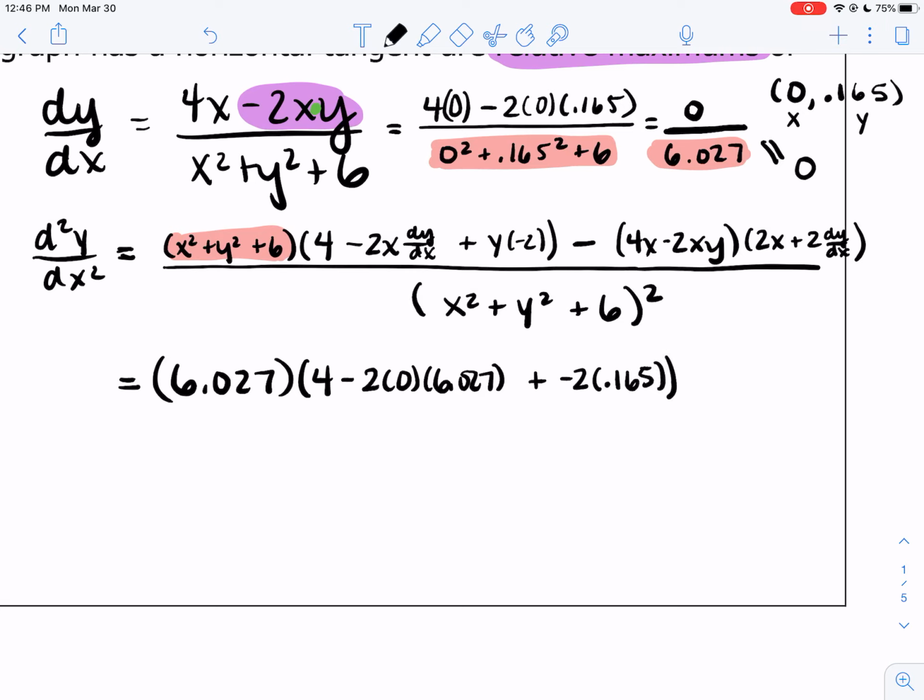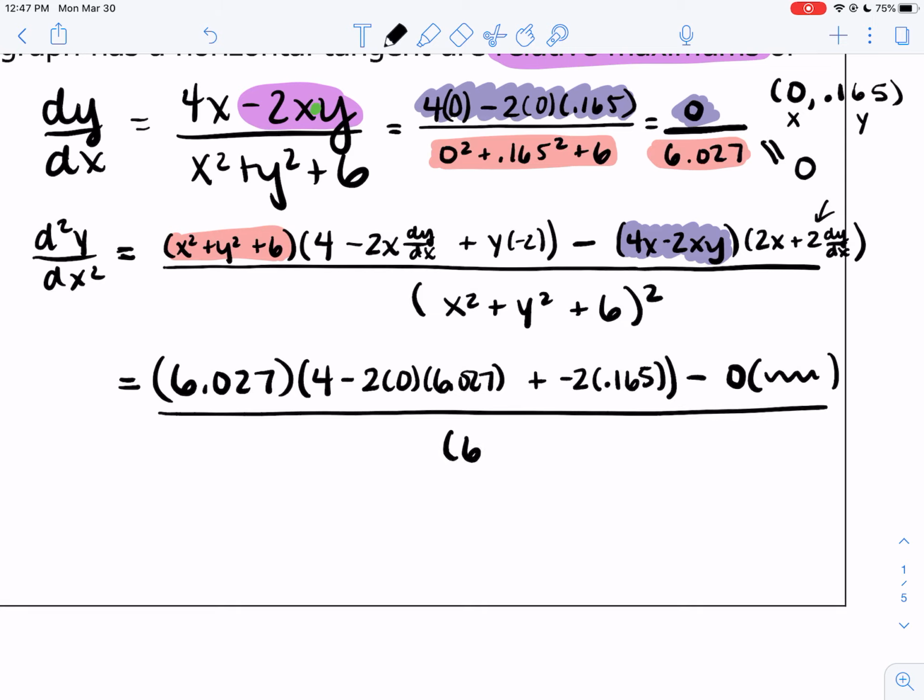We're going to subtract that from this term here. Note, now we have 4x minus 2xy, which we know is our numerator, this expression here above, which happens to be 0. And that will be times this term here. Now remember, since it's 0 times a number, that number doesn't actually really matter so much. And this is all going to be over 6.027 squared.